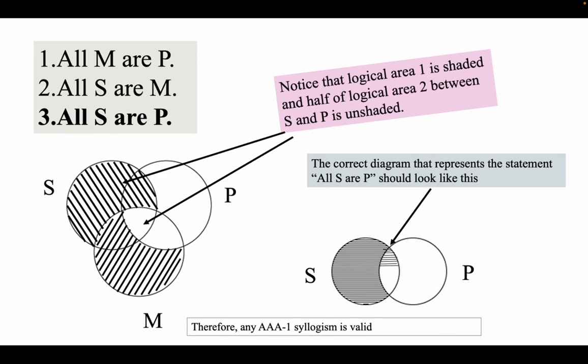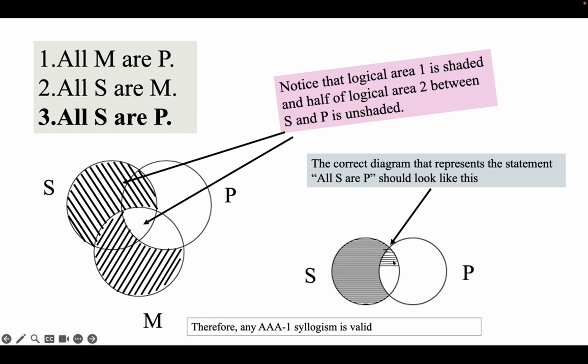Now notice that logical area 1 is shaded, and that's what we're looking for. What we're looking for is something that looks like this. In other words, we're looking for 2 circles overlapping where area 1 is completely shaded, but area 2 is not shaded or is half shaded. All right?